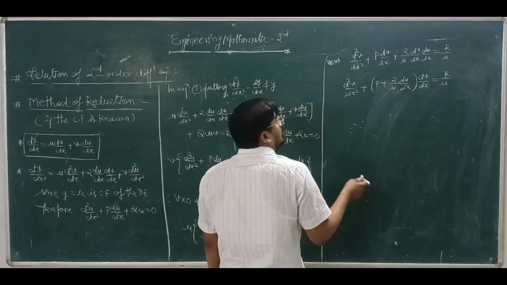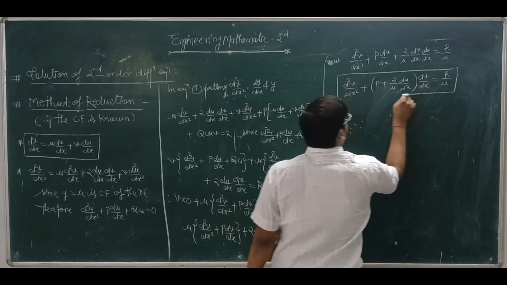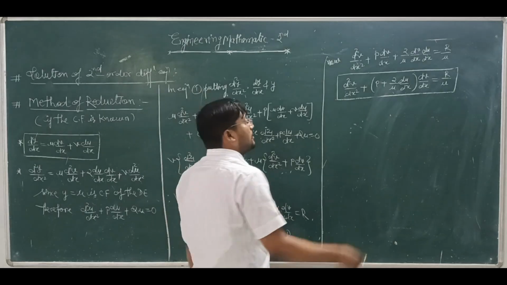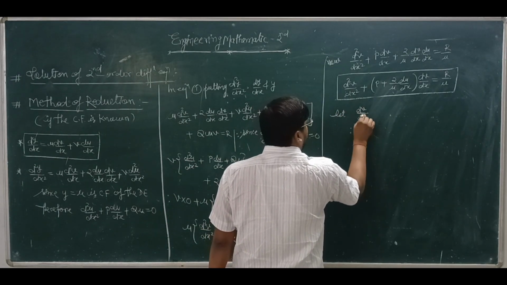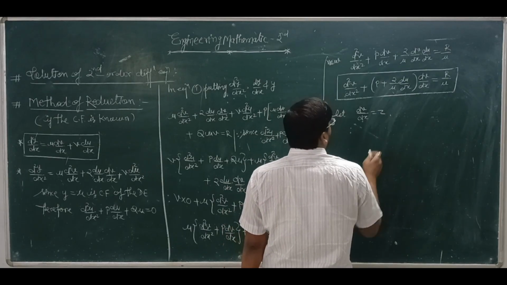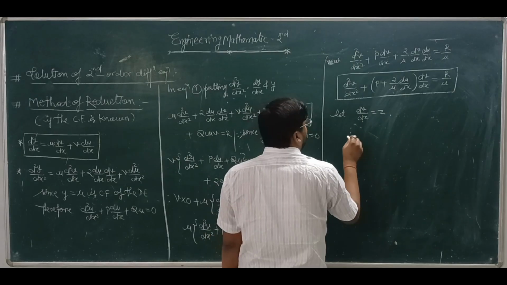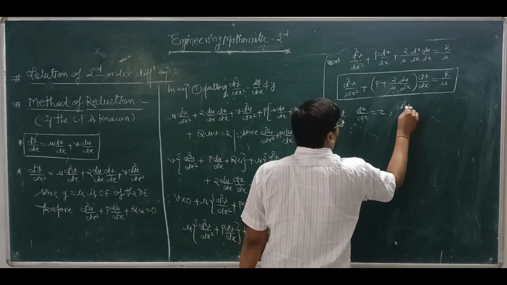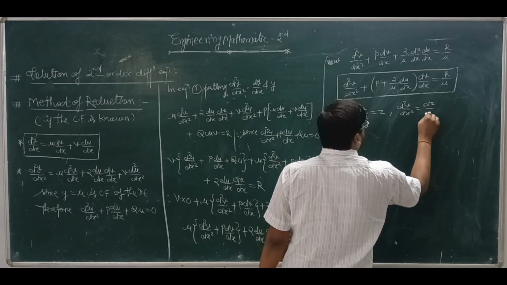Now this is a differential equation of second order. Now let dv of dx is equal to z. Therefore you can write d2v of dx2 is equal to dz of dx.